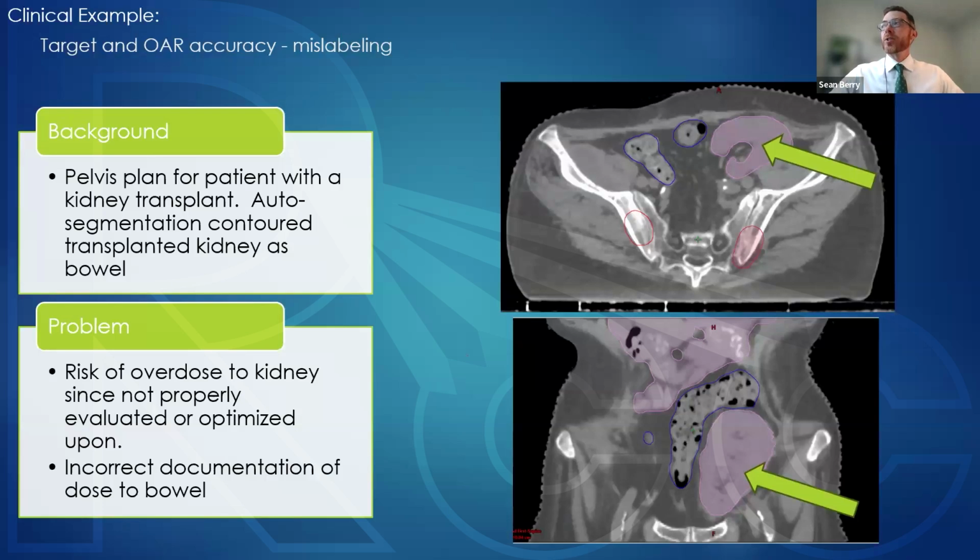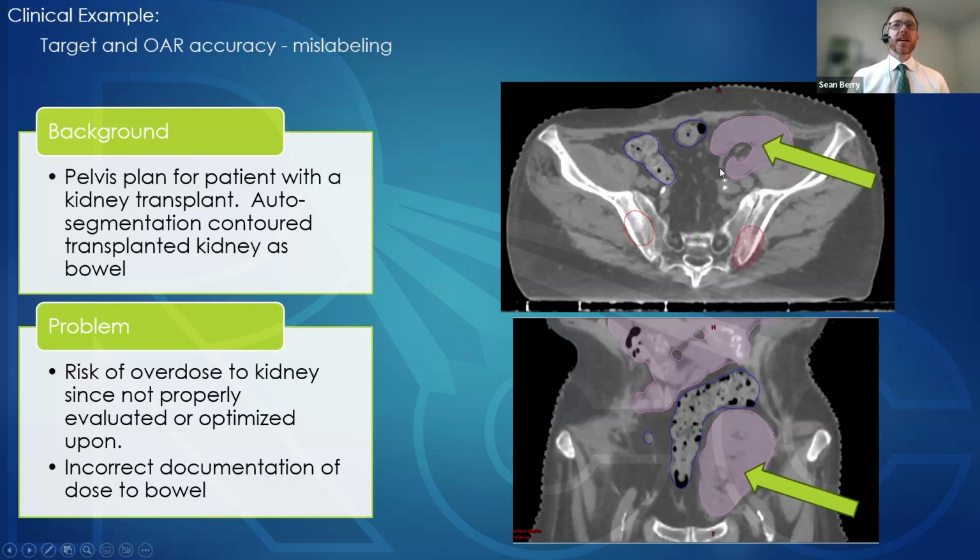AI is great at many, many tasks, but one thing it surely lacks is a creative imagination to think that there would all of a sudden be an organ in a part of the body where it's never seen one before. So it contoured this structure as bowel. And, to be fair, on this slice, you could convince me it was bowel. But if you look more globally, you can see it's very much kidney looking.